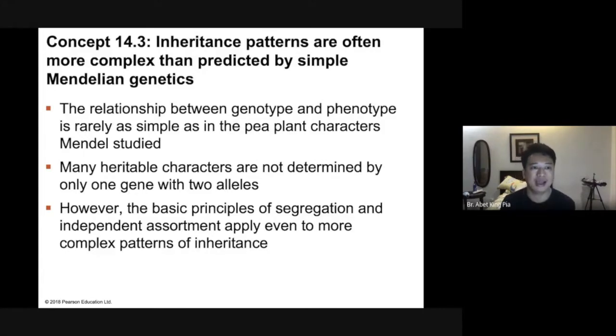So it defies what Mendel predicted or presented to us. However, the basic principle of segregation and independent assortment, the laws of inheritance, apply to this, even if the patterns are complex.